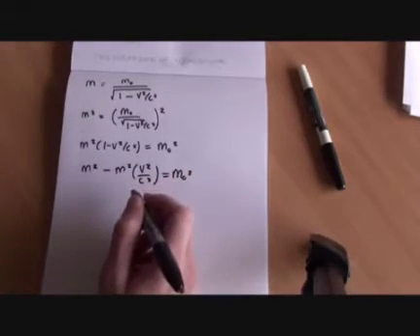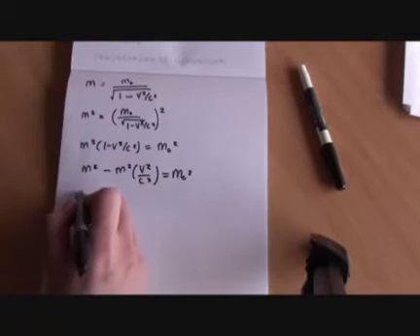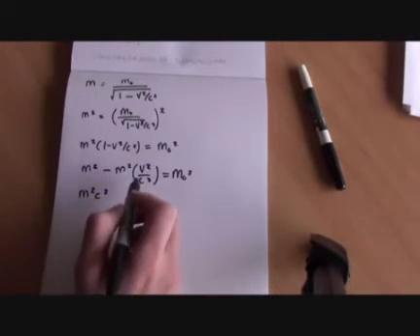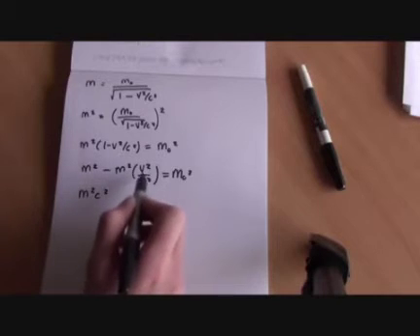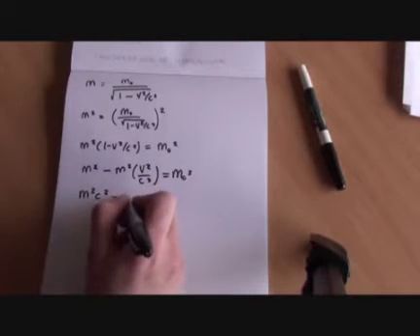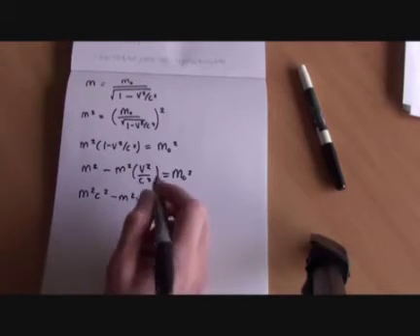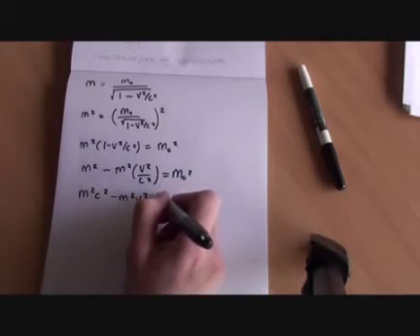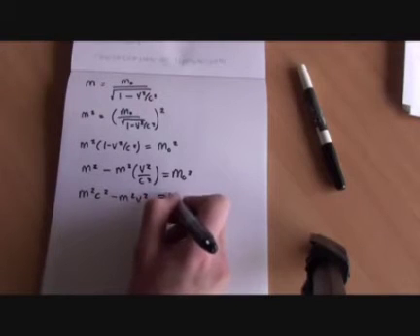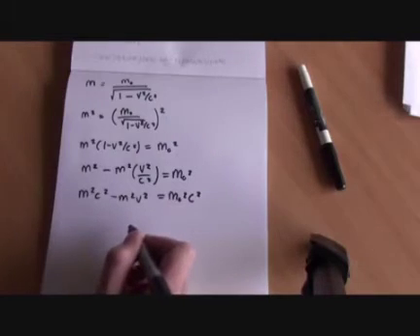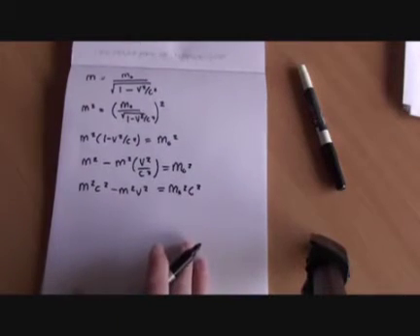So as I said, we're going to multiply both sides by c², so it's going to be m²c². Now, if we multiply this by c², it simply becomes minus m²v², because dividing by c² times by c² cancels out. And of course this goes over to both sides. This m0² also has a c². Following? Good. Okay.